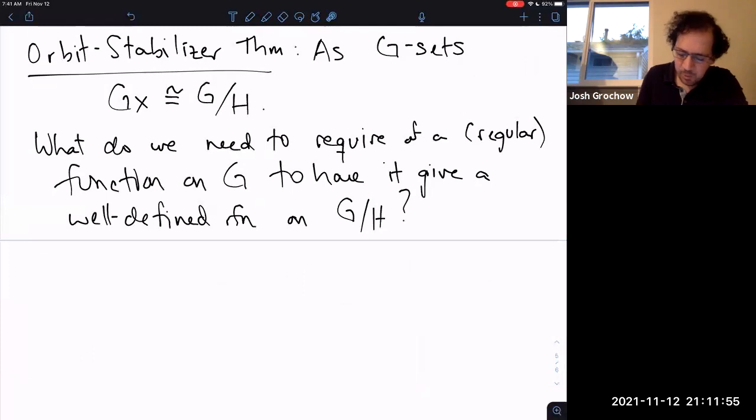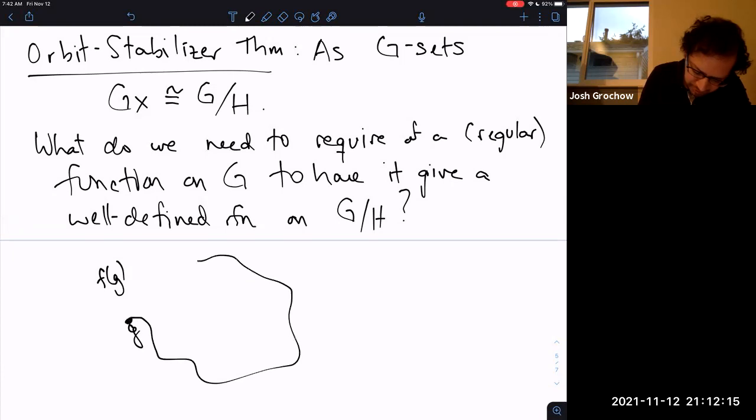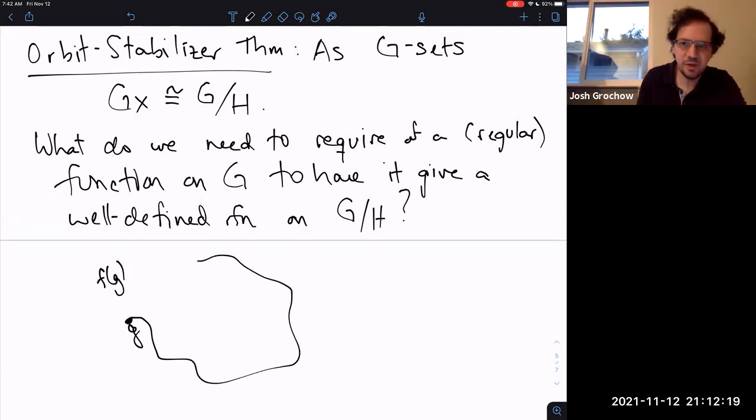And one thing is, okay, if I have a function on G, imagine I'm at a point, little g, and I have my function value, f of g. And I imagine wandering around G, and as I do that, my function varies, right?